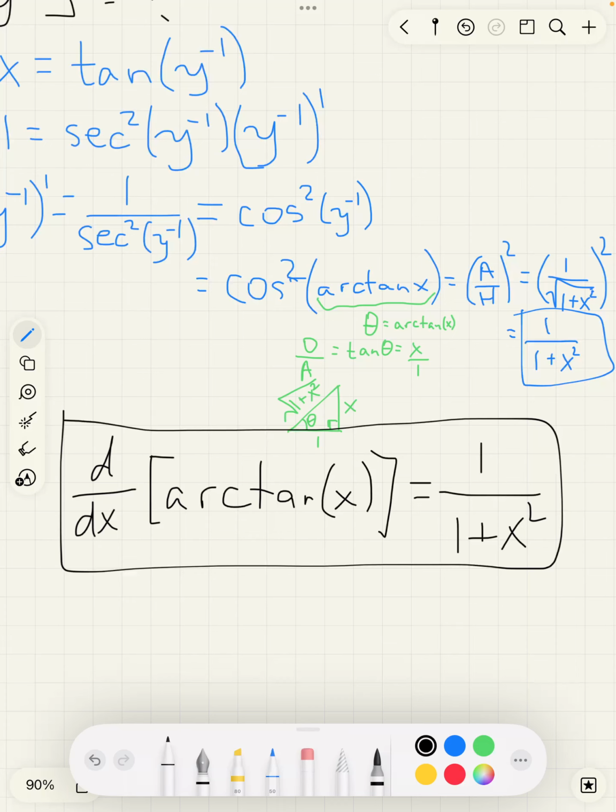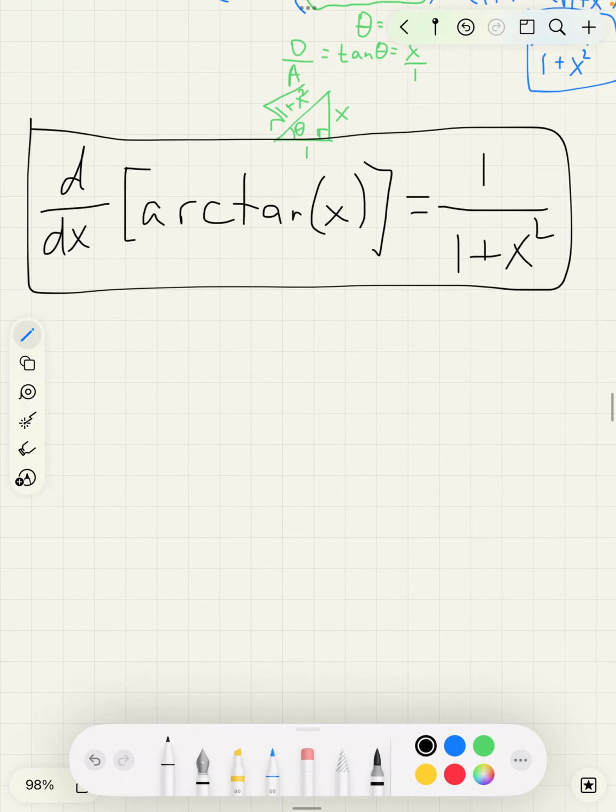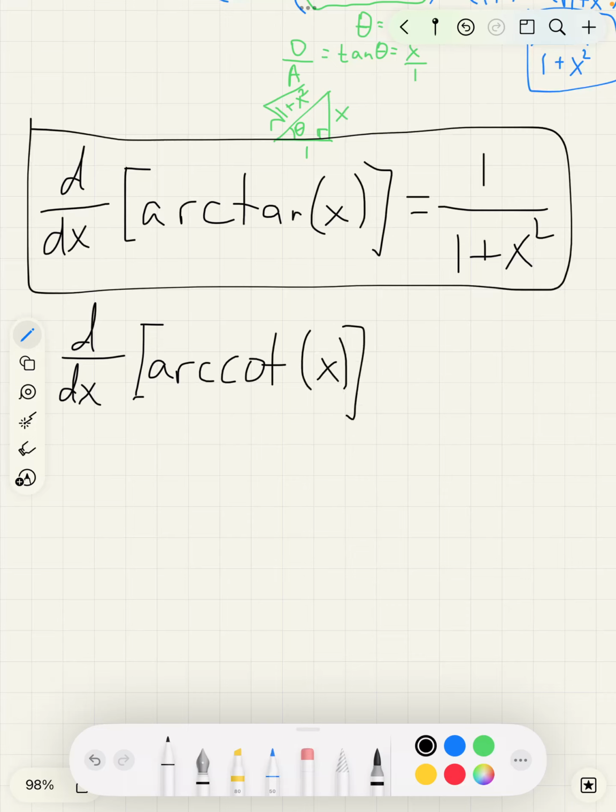And if you go through a very similar process, you would find that the derivative of arccotangent of x is once again just the negative of arctangent's derivative. So negative 1 over 1 plus x squared.